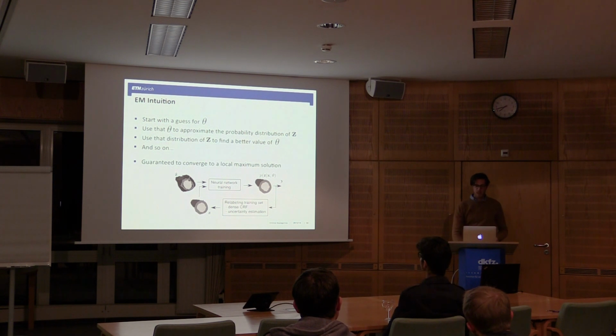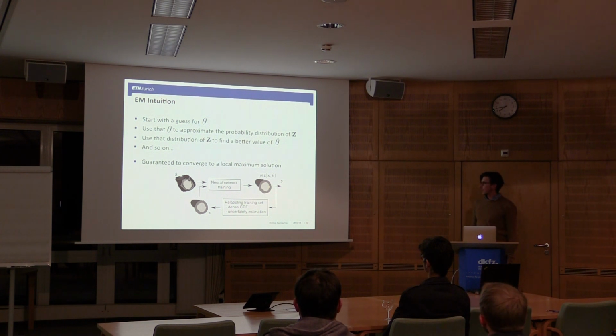So the intuition of expectation maximization, if you are not familiar with it, is to start with an initial guess for your parameters phi. You then use that guess to approximate a distribution of Z. And then using that distribution of Z, you find a better value of theta. And then you iterate like this.